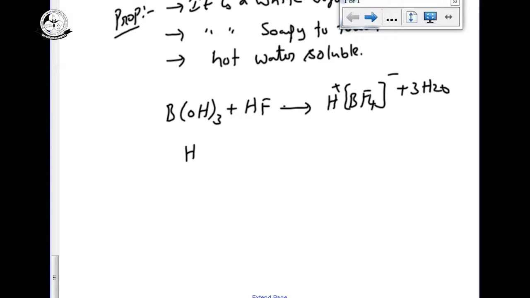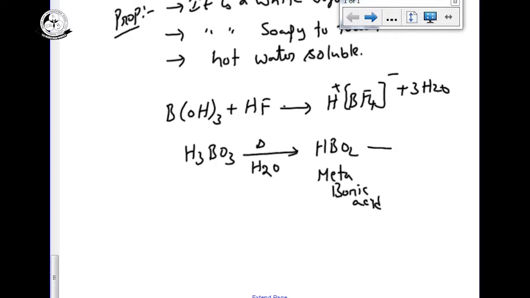If the boric acid H3BO3 is strongly heated, we can lose a water molecule and get HBO2. The name of this compound is metaboric acid.